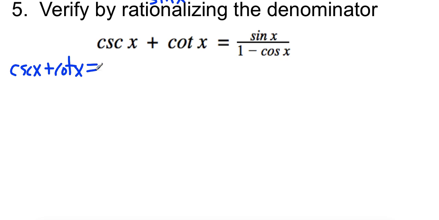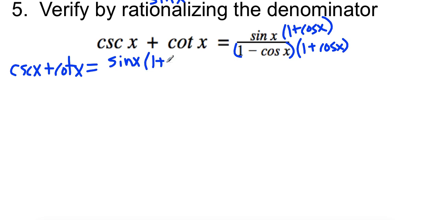All right, to rationalize the denominator, I'm going to multiply top and bottom by 1 plus cosine x. All right, so the numerator, I am not going to distribute that. I'm just going to leave it. So we have sine x, 1 plus cosine x.